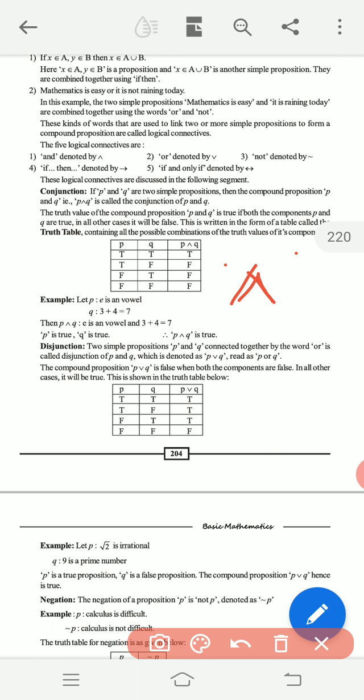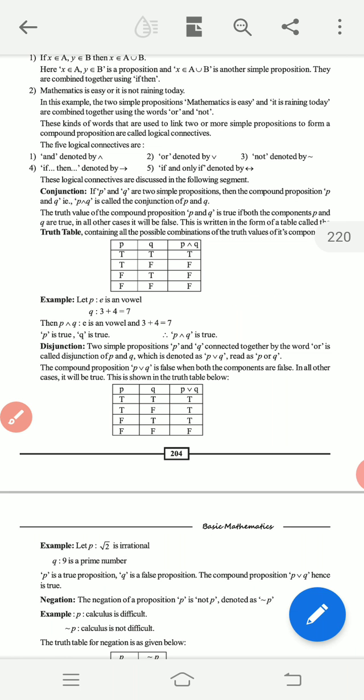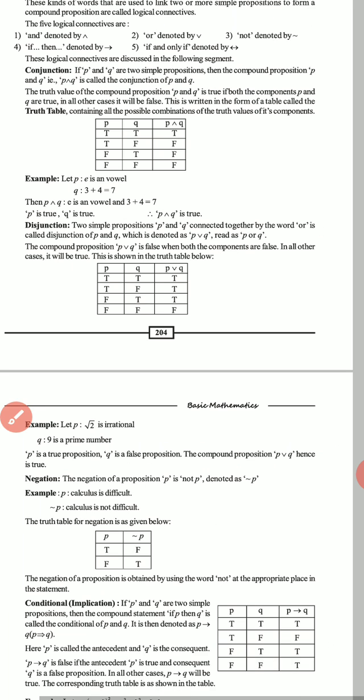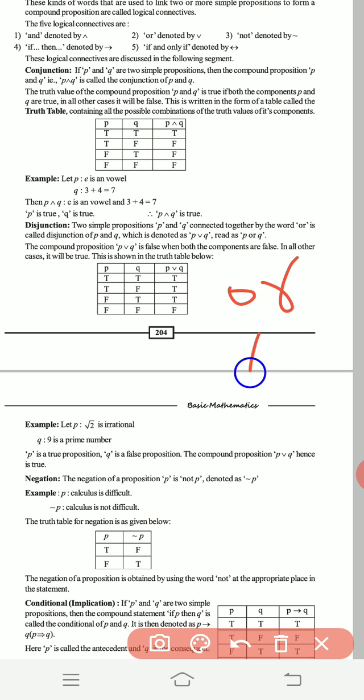Okay. Next one, disjunction. Disjunction is denoted by the V symbol. Disjunction means or, and it is denoted by this symbol.